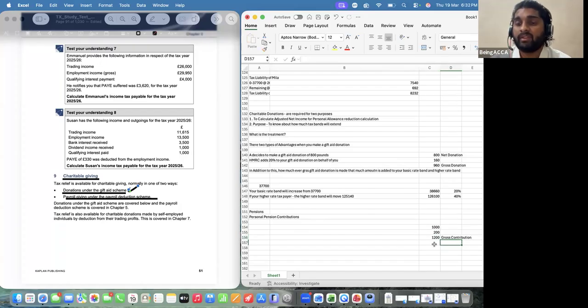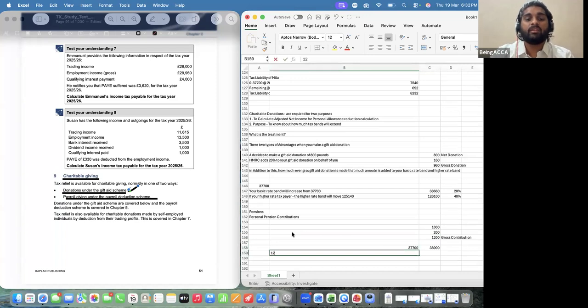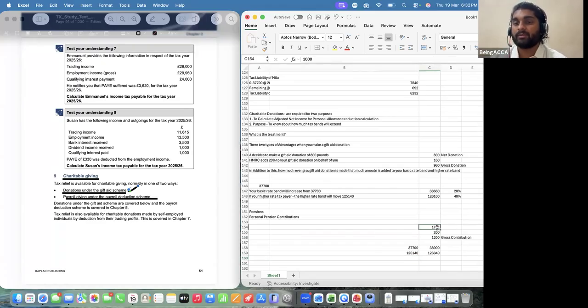And in the same way, if it is 1200 pounds of contribution, then your basic rate band will increase from 37,700 to 37,700 plus 1,200, and your higher rate threshold will move from 125,140 to 125,140 plus 1200, which means an additional 1200 pounds. Though you have made a contribution of only 1000 pounds, your total is actually increasing by 1200 pounds, not by 1000.